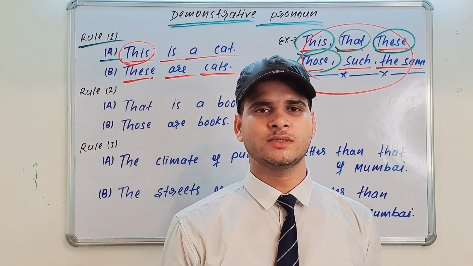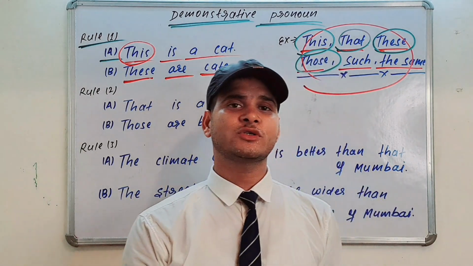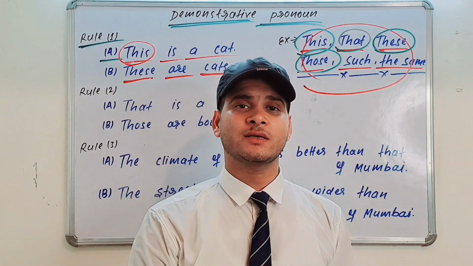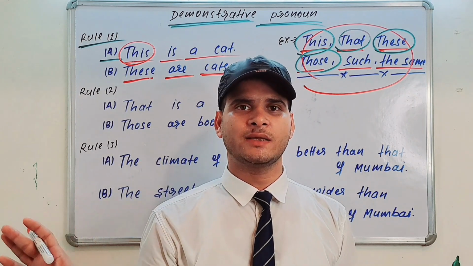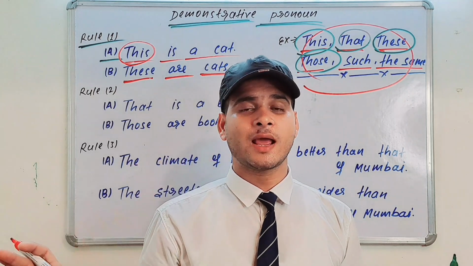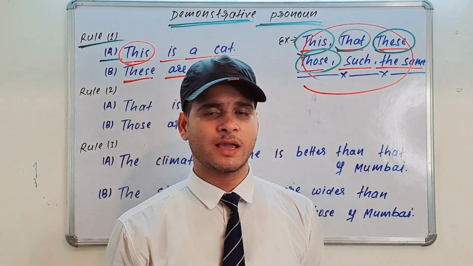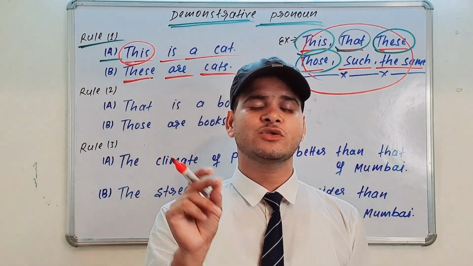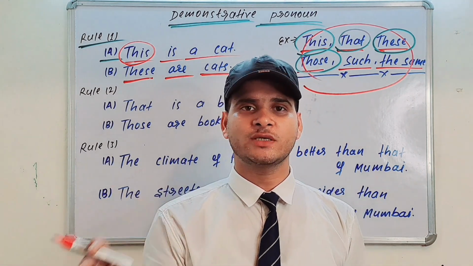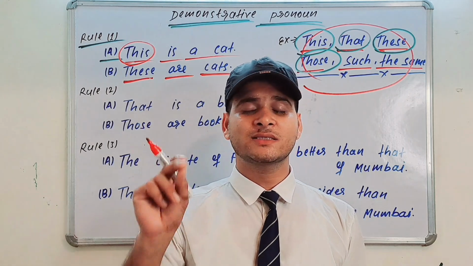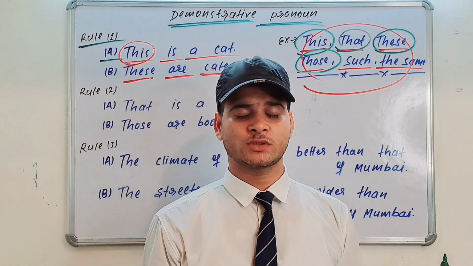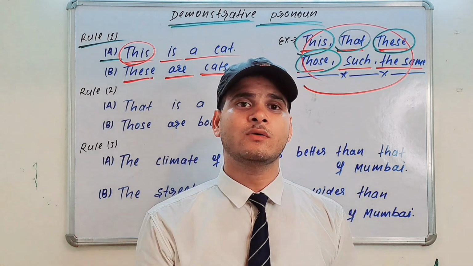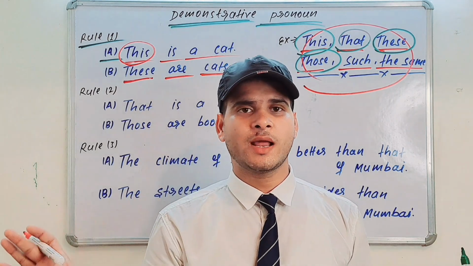That and those, here see: the demonstrative pronoun "that" is used to point out a distant singular noun in a sentence, and "those" is used to point out a distant plural noun.